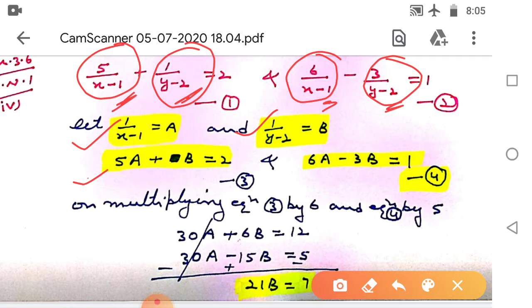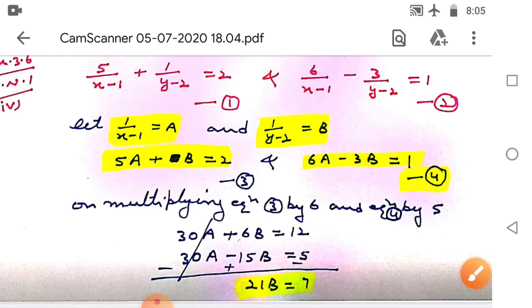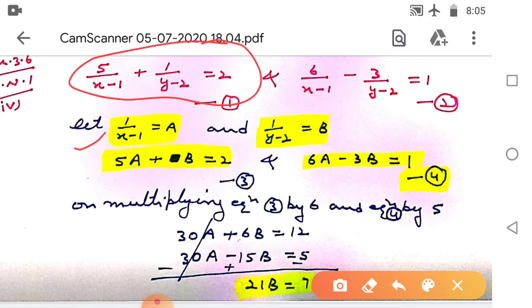So 5a plus b is equal to 2, and 6a minus 3b is equal to 1. When we put the value of 1 upon x minus 1 as a in equation 1, we get 5a here. Clear? Now put the value of b as 1 upon y minus 2.